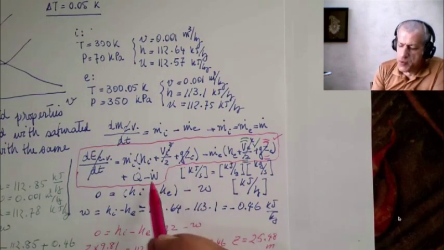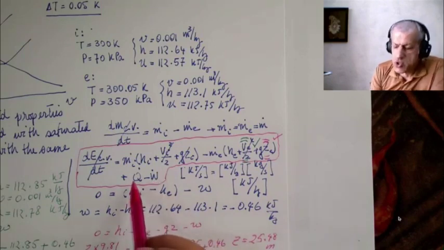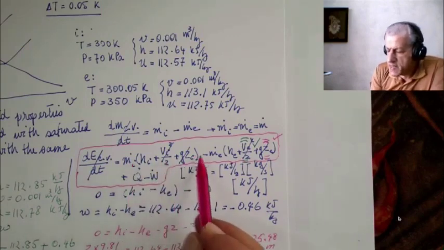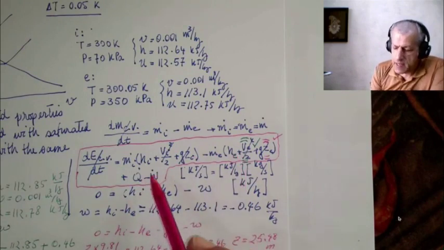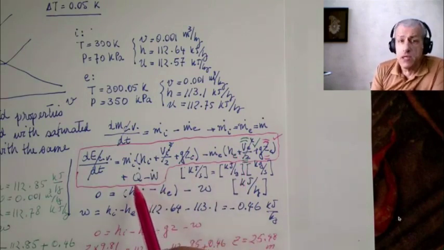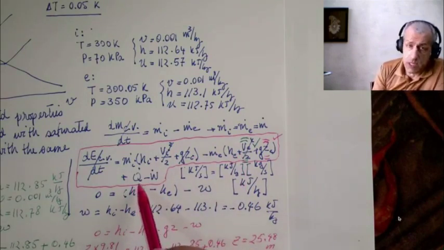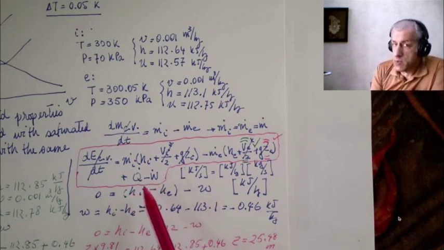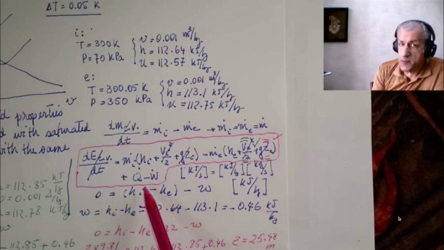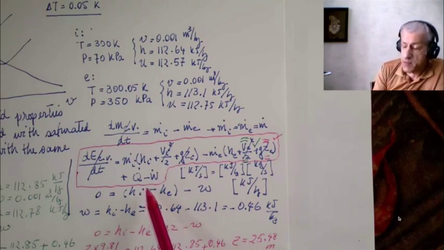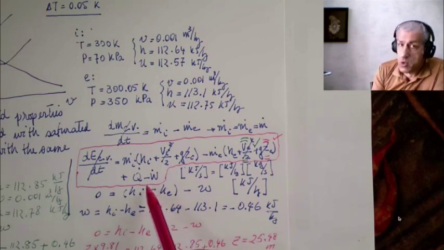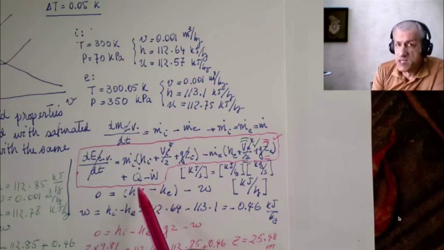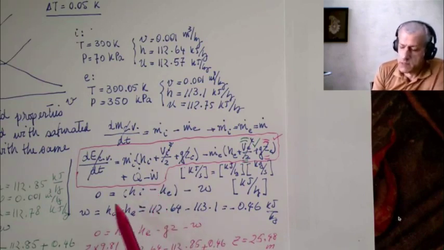So if you put work in it, it has to show itself in one of these terms. Either it has to show itself in Q, there has to be heat transfer, which we saw in our previous example on a turbine, when we saw that work could show itself as heat transfer or not.